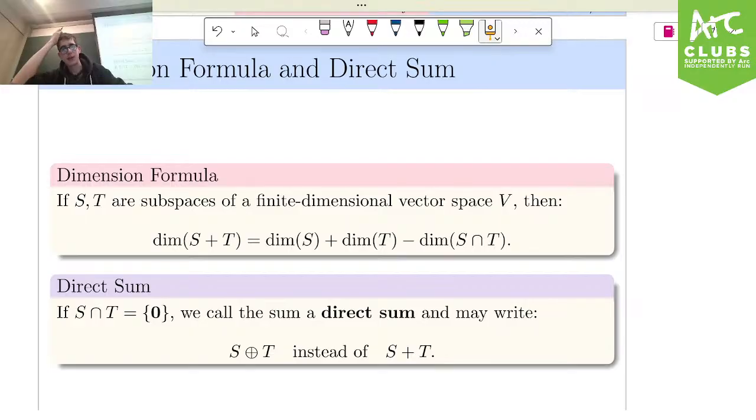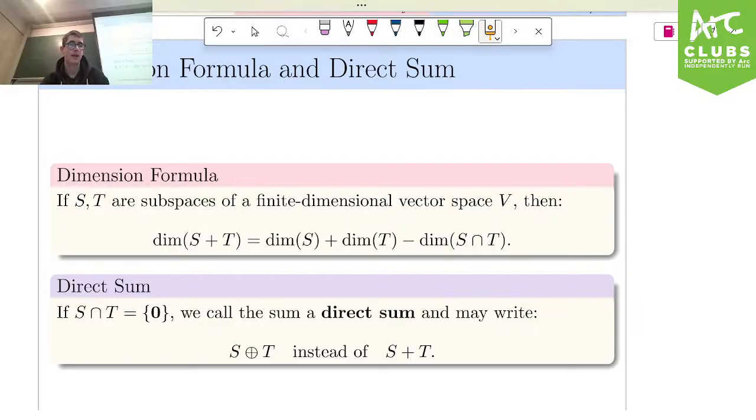So what we would say then is that if it turns out that this term is just zero, as in we have directly that the dimension of the vector space sum is the dimension of S plus the dimension of T, in other words, if the intersection is exactly the zero vector, so it has dimension zero, then we say that the sum is direct.